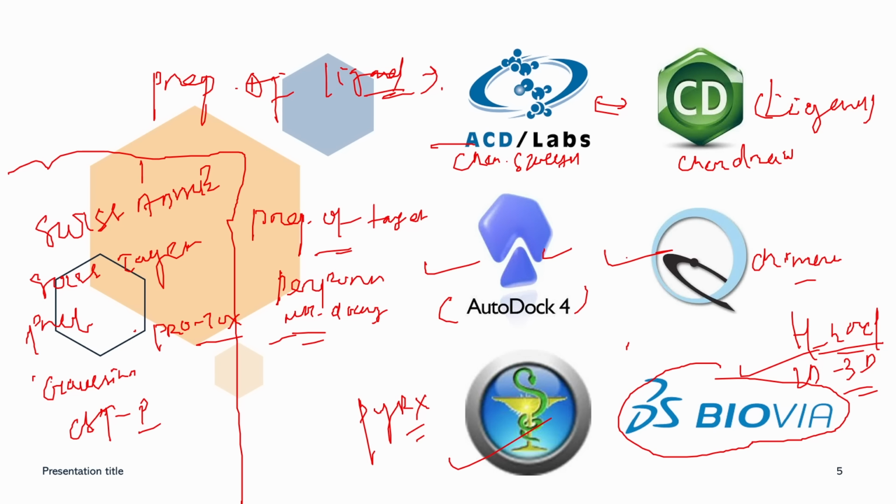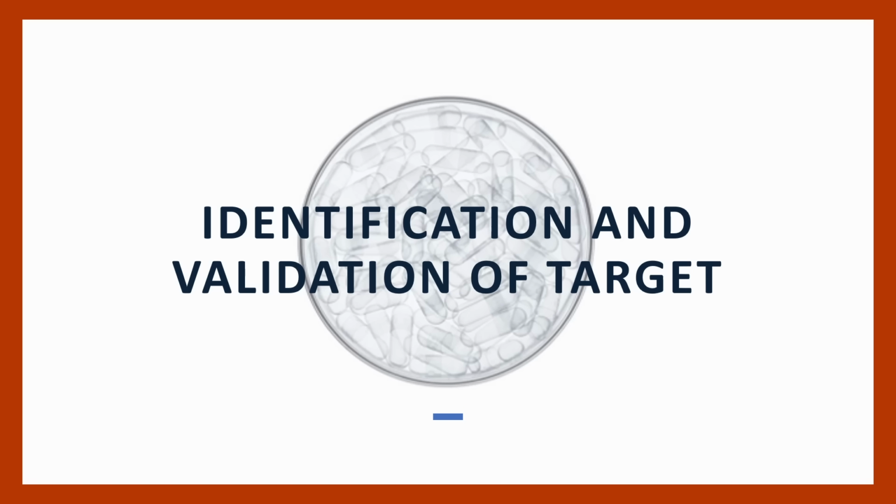Coming to the next slide, the first question: identification and validation of target. So basically, how to identify any target. Now in our society, many diseases are there and many works are going on on such targets. You all know about ICMR, the Indian Council of Medical Research. We have our CSIR labs.